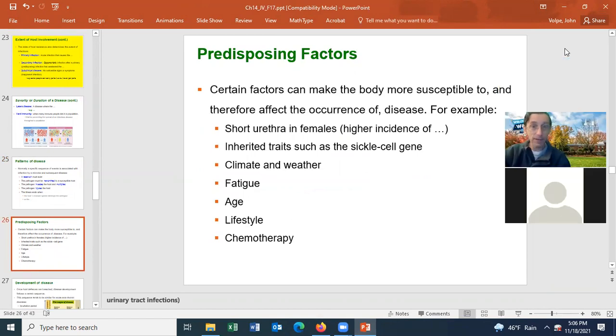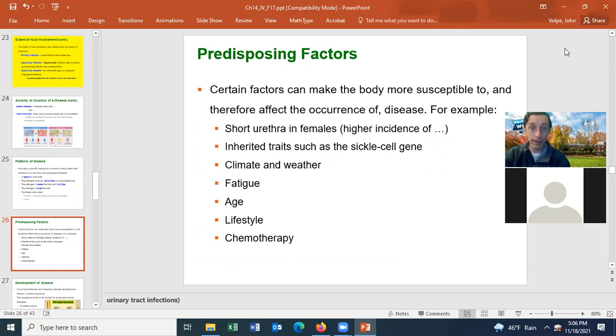Some predisposing factors. There are certain factors that can make someone more susceptible to and more affected by the occurrence of disease. For example, the shorter urethra in females makes them more susceptible to getting a yeast infection at higher incidence than males.